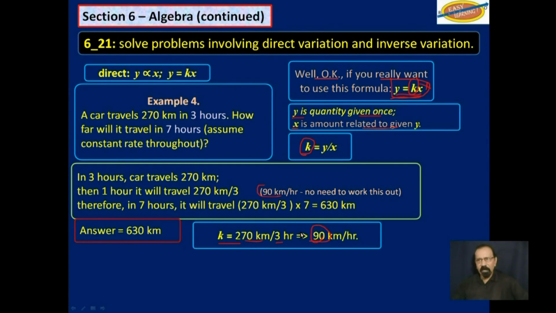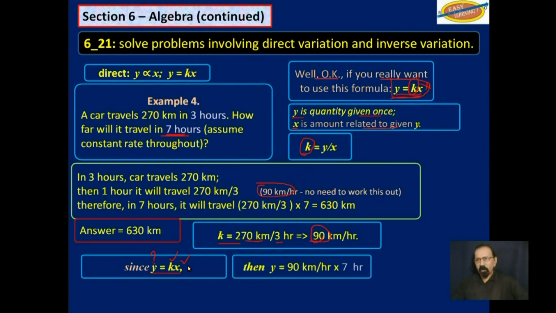Notice this 90 here, using the old-time method. So y is equal to kx. Now we want to find y. We know k is 90 and we know x is the other quantity given. So y is equal to 90 kilometers per hour times 7 hours, and you get 630 kilometers, which is what we got using the grade 3 system.